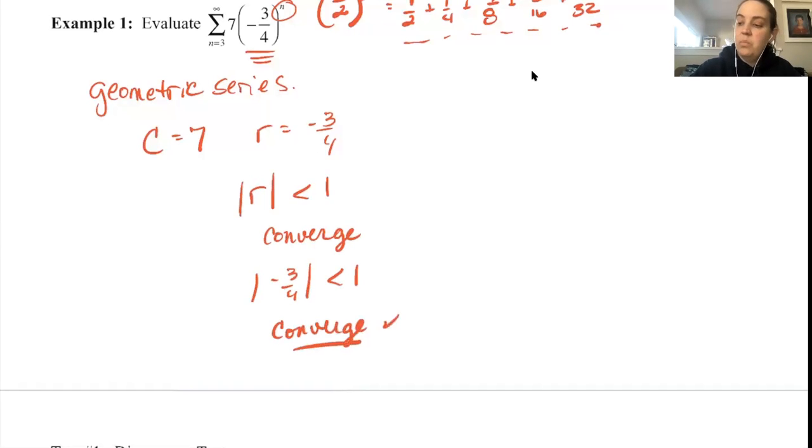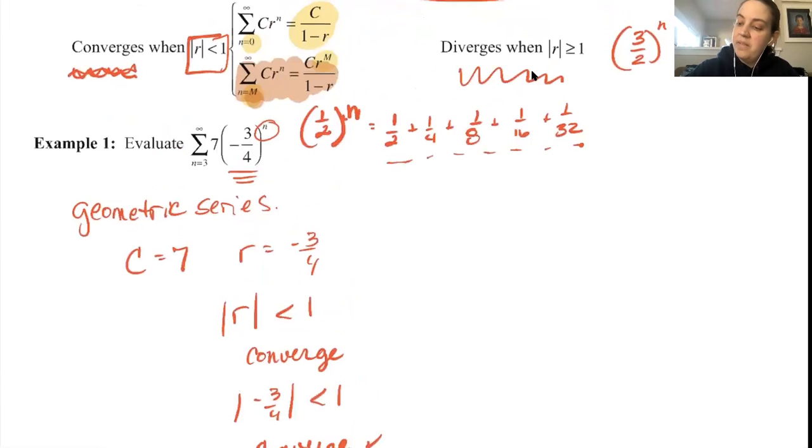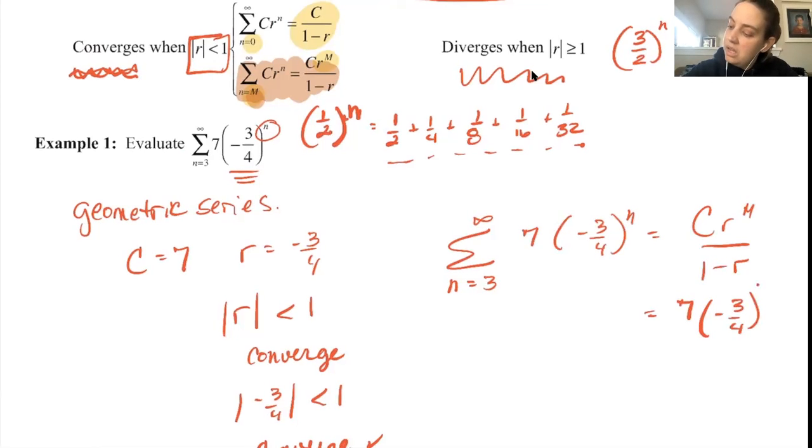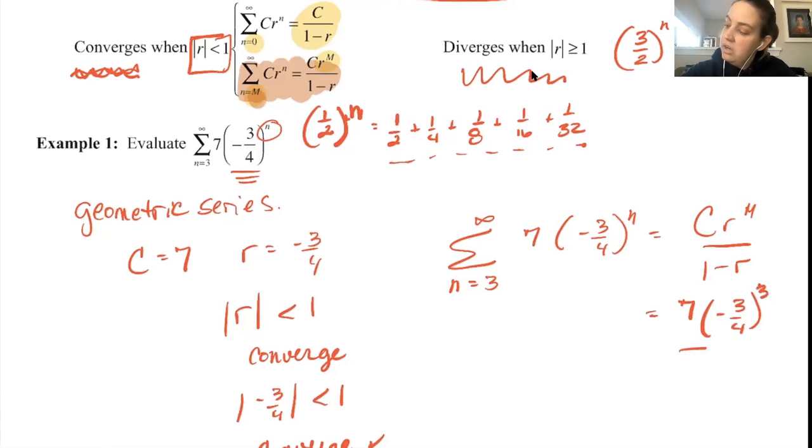But what's the sum? Well, the sum is this formula up above, and it starts at 3. So my sum is n equals 3 to infinity, c, which is 7, times -3/4 to the n. Here's my sum, c r to the m over 1 minus r. So you just have to put in the pieces. This is 7 times -3/4 to the third over 1 minus -3/4.